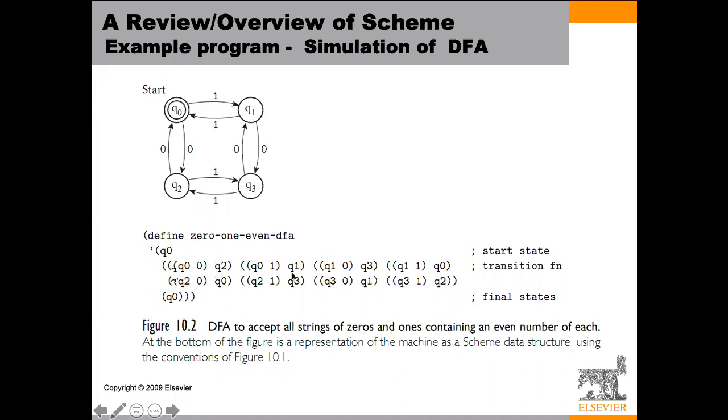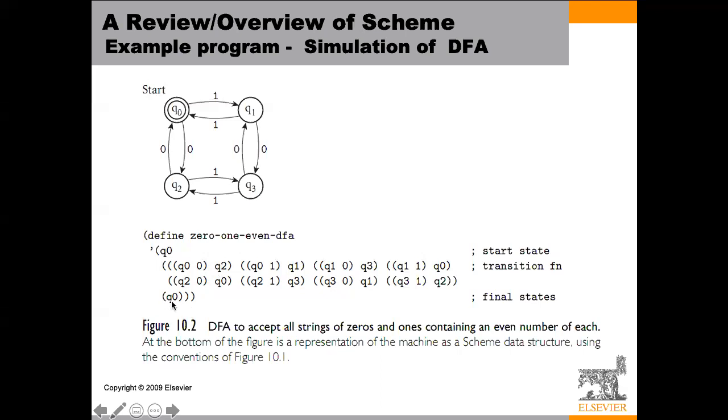So this is our transition function. It's the second argument. It's a list of pairs where the first element is the current state and the input symbol we're seeing. And the second item of the pair is the state to which we move.